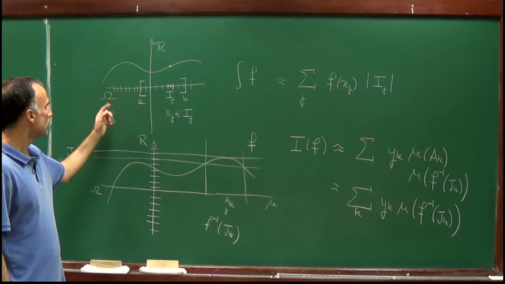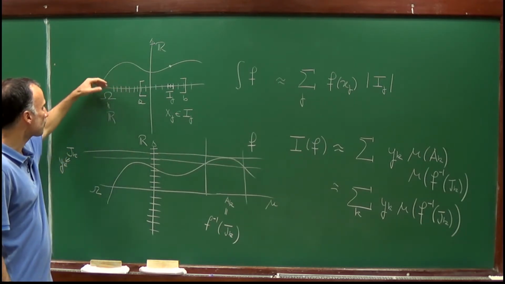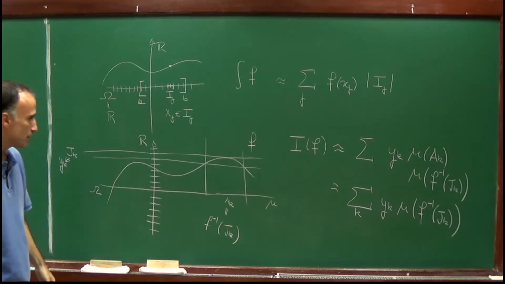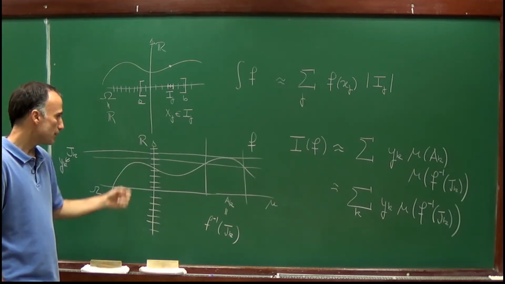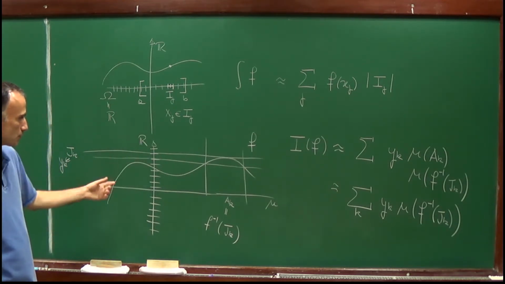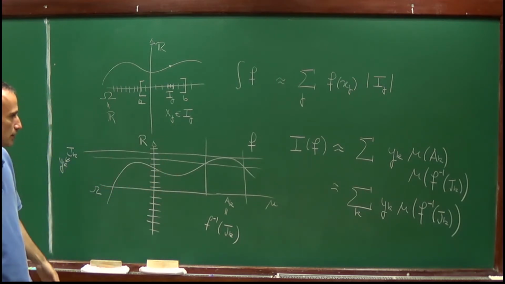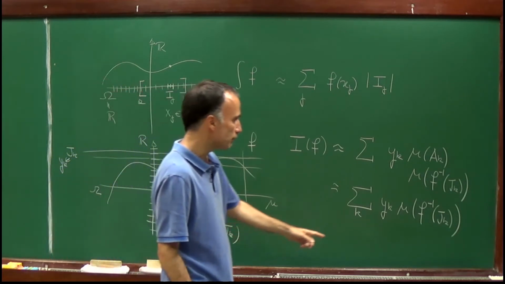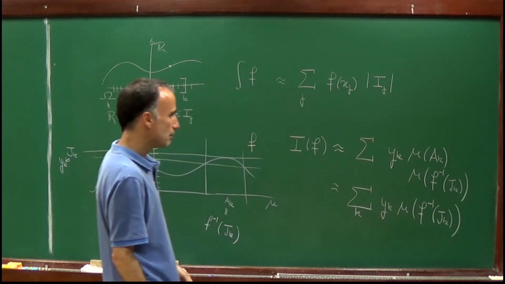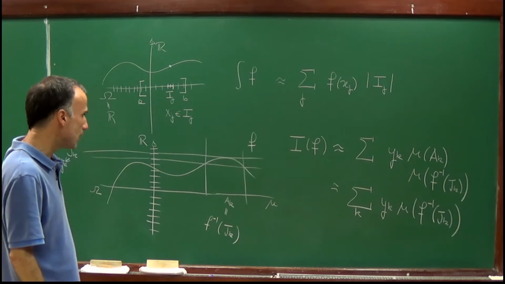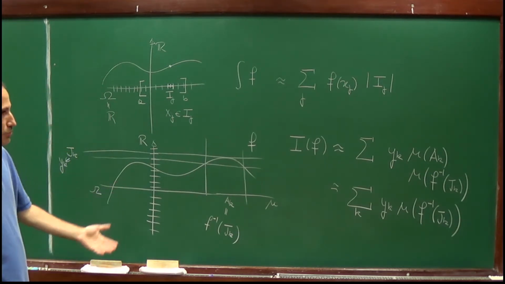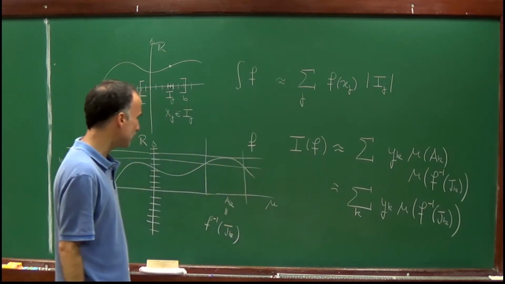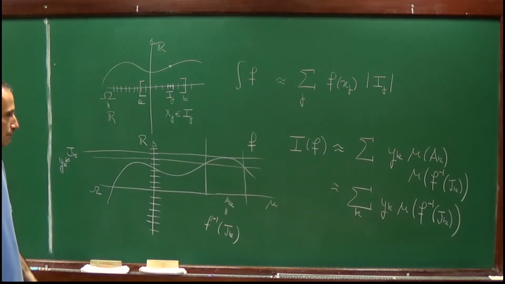Instead of dividing the set omega in small intervals, we are now dividing the set R in small intervals, and we are taking the inverse image of these small intervals to define the integral. Right, so that would be also a natural way in which to approximate what we understand as the integral of a function f.